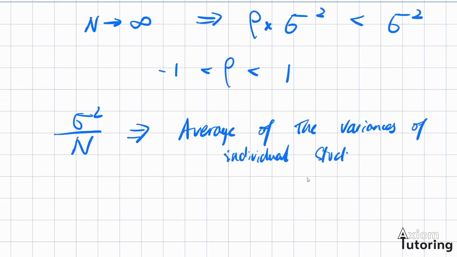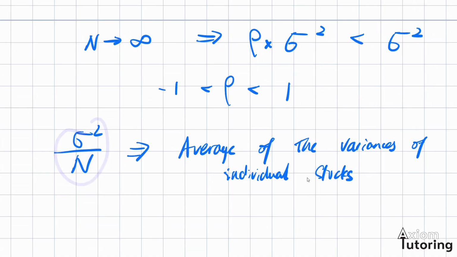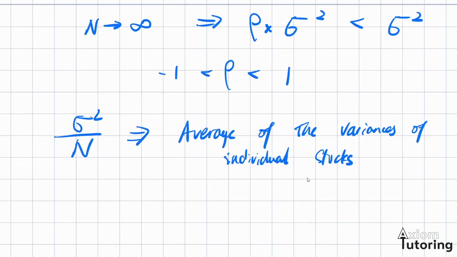And as we can see here, as n goes up, this thing goes down to 0. So we're basically diversifying this part of the risk away, right? So that can be diversified away.